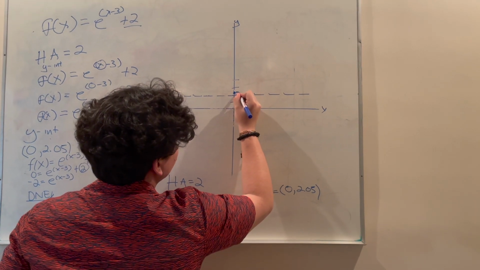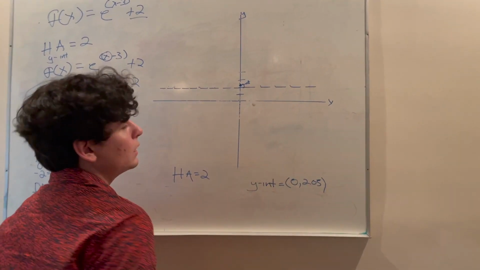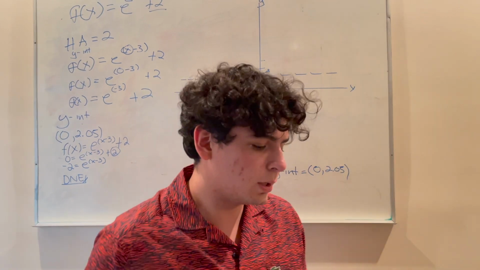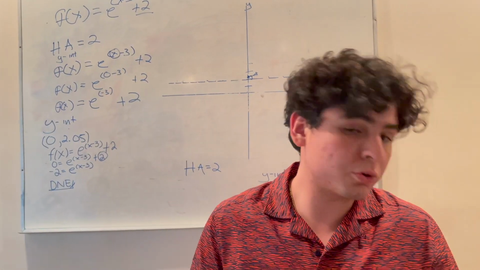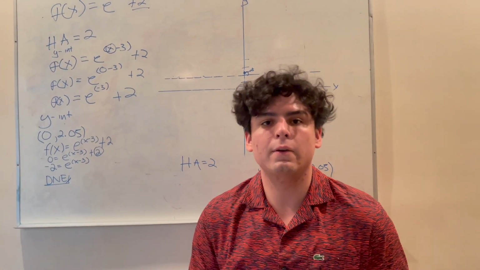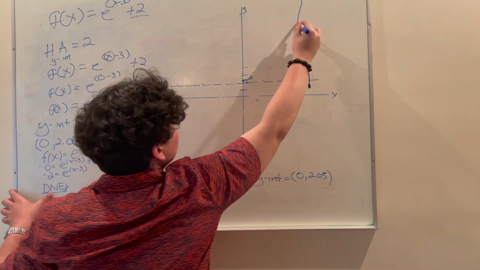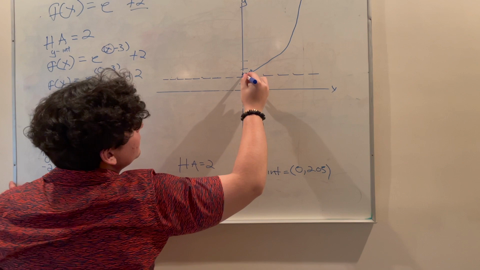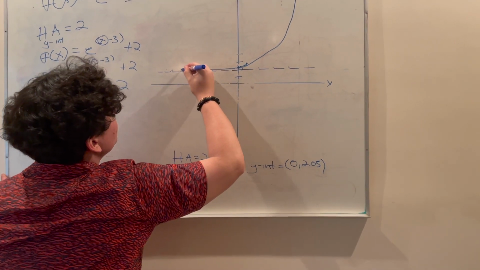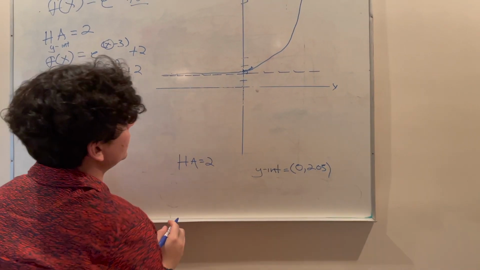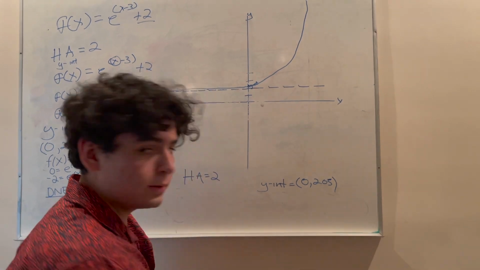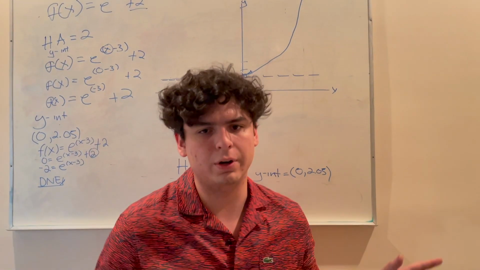This is our y-intercept. Now that we put our dot, we can proceed to draw the curve, which is going to come from here all the way right from the dot, and it's never going to touch the horizontal asymptote. Never.